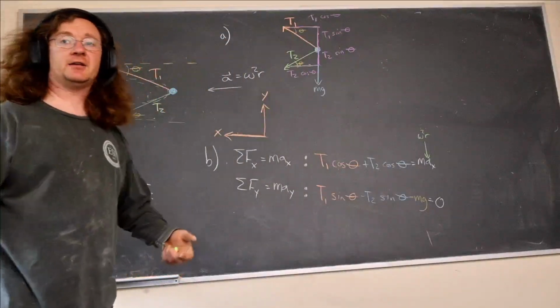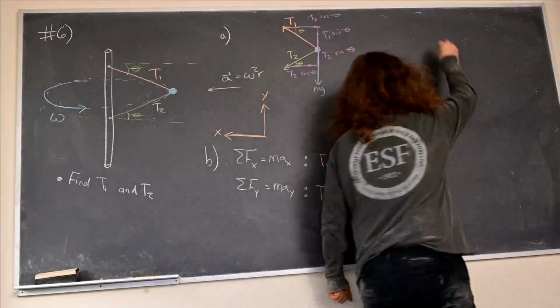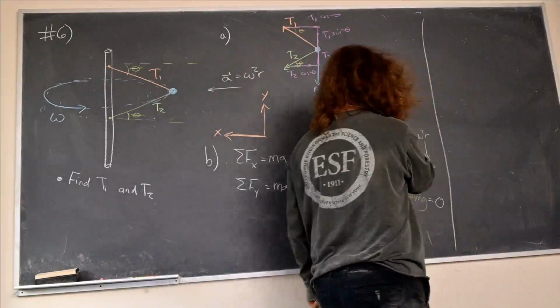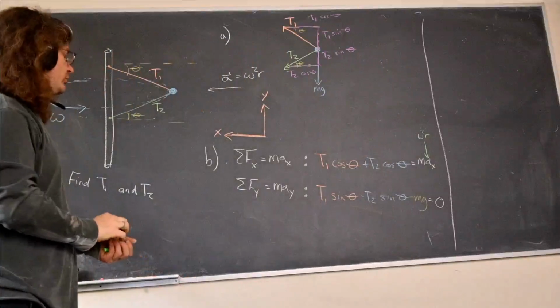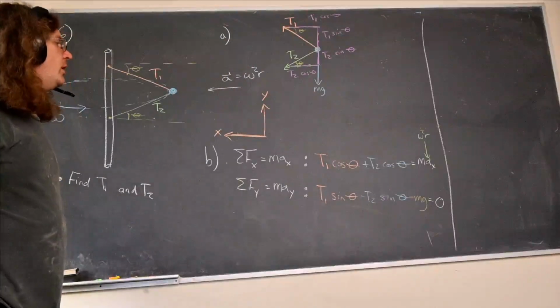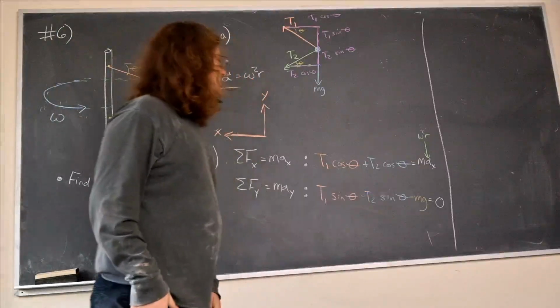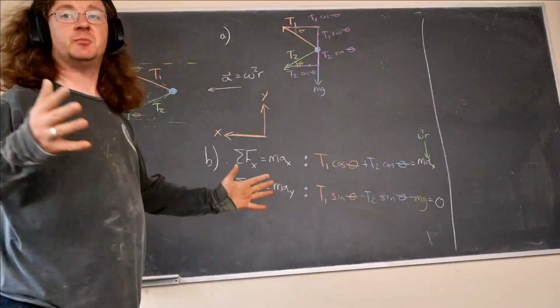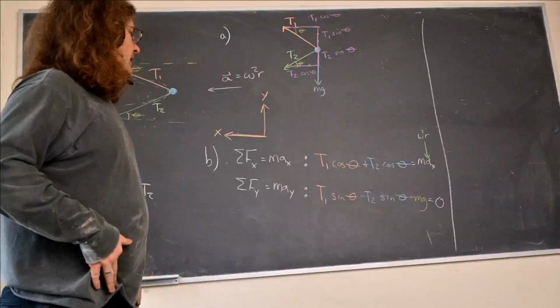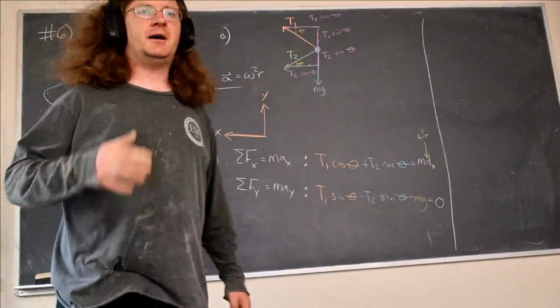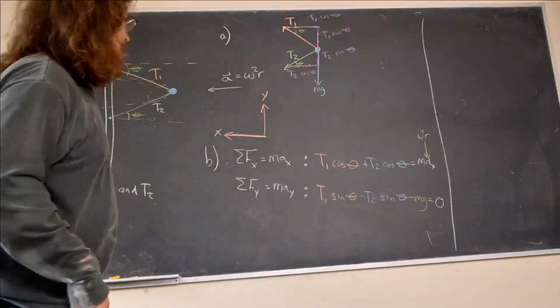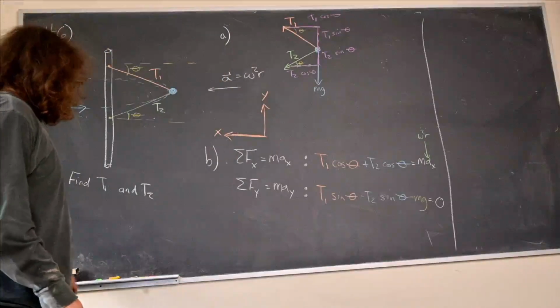So you all had asked for a review of substitution shenanigans. Here I have two equations with two unknowns. I don't know T1 and I don't know T2. Simple enough. This is one where the algebra can get a little bit sticky.